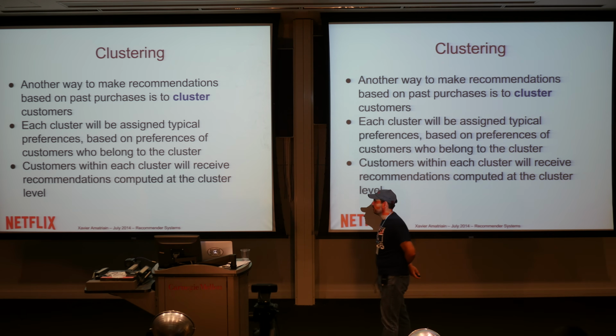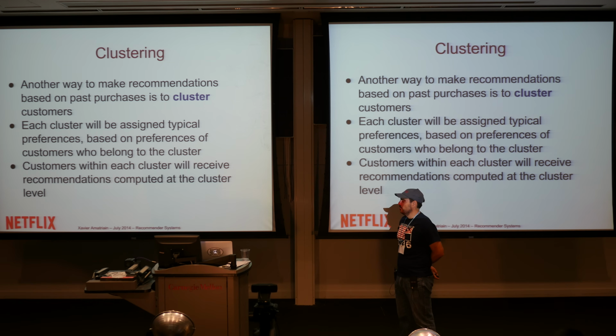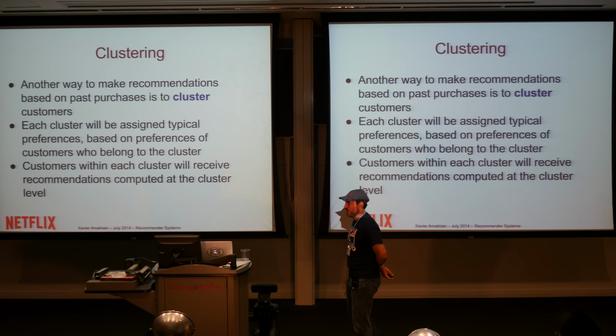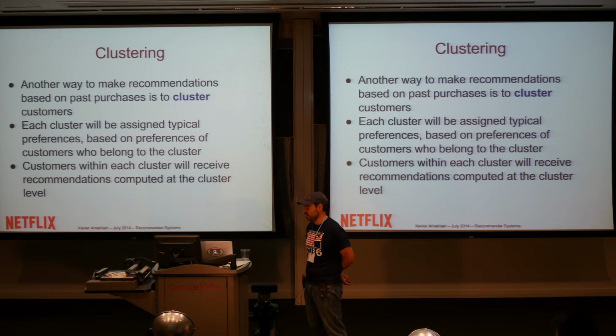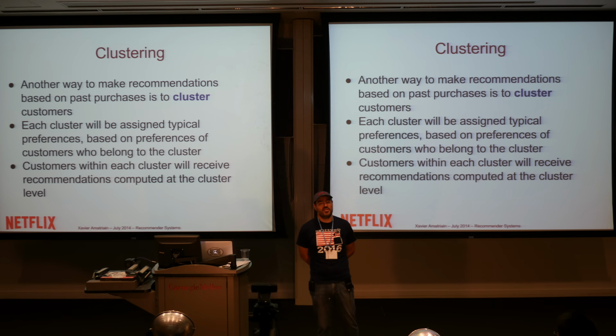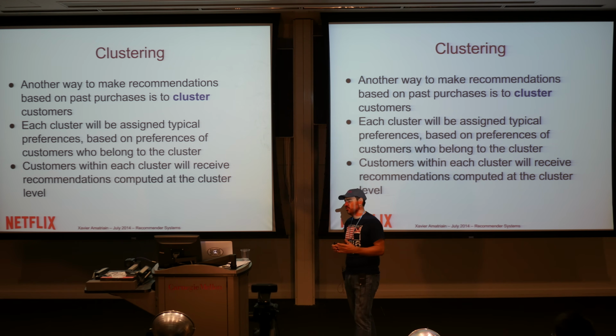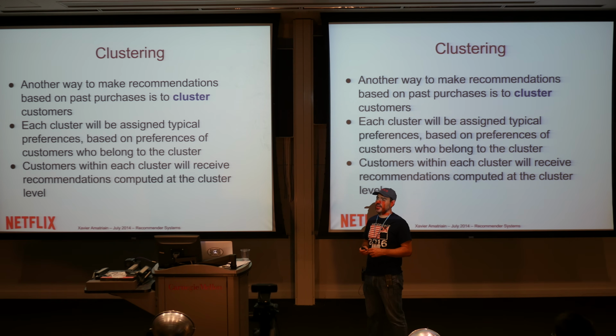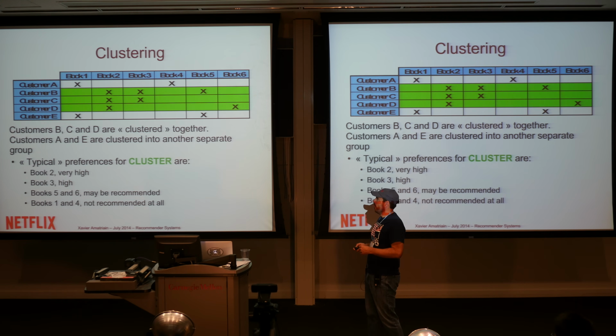So clustering. I'm sure everybody knows about the idea of clustering, and K-means is something that everyone has heard of. So the idea is we can cluster either customers or items in some way to build some groups of similar things, similar users, similar items, and then use that for recommendation.